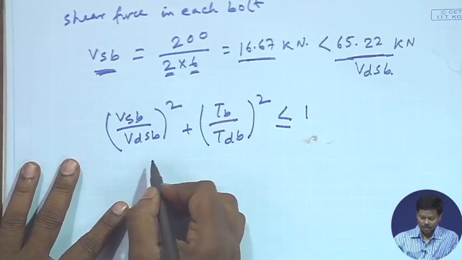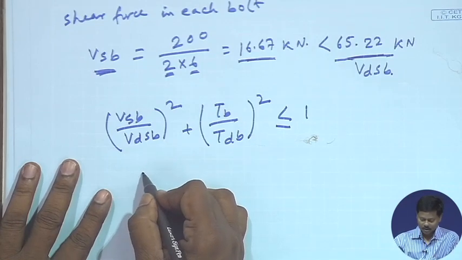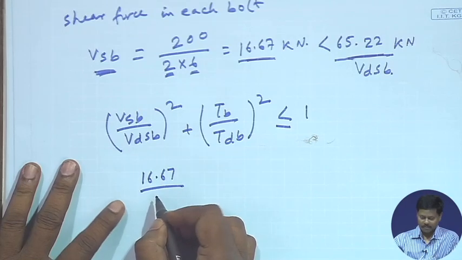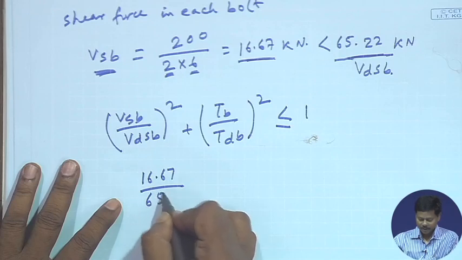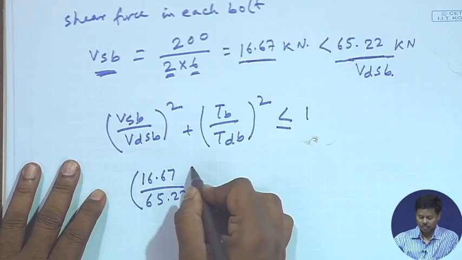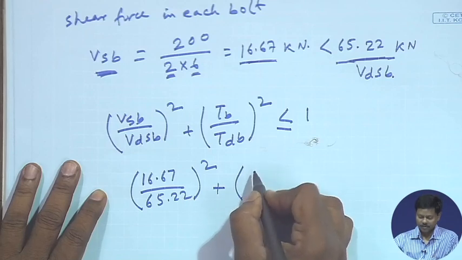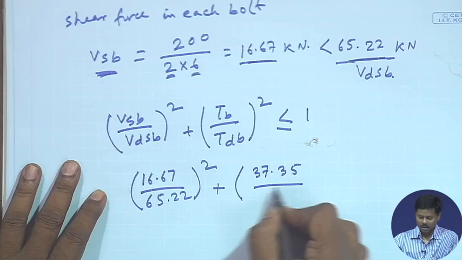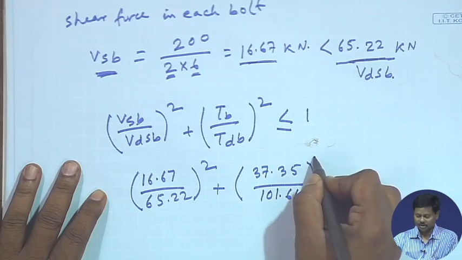So, we can calculate the values: 16.67 by VDSB, which was 65.22, plus the tensile force developed, 37.35, by the tensile capacity of the bolt, which was 101.66.